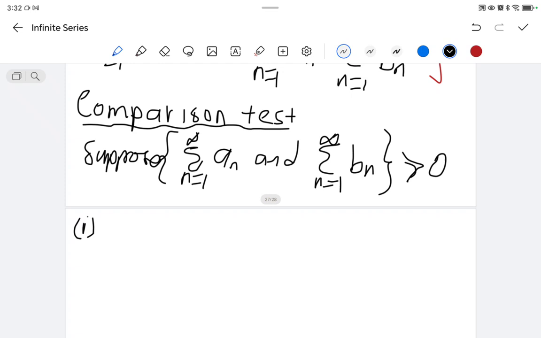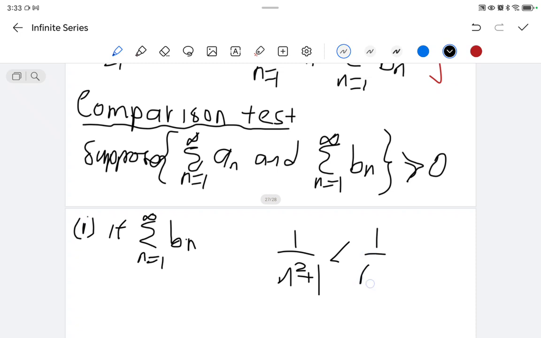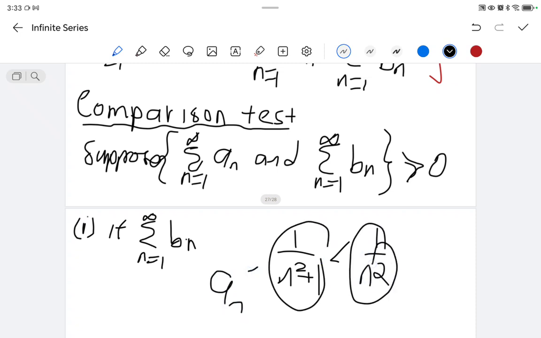So we can say now that the summation of n from 1 up until infinity of b n will be the second series. I'll show you an example. If I have 1 over n squared plus 1, then I say that this will be less than 1 over n squared. This will be a of n, and this will be b of n.